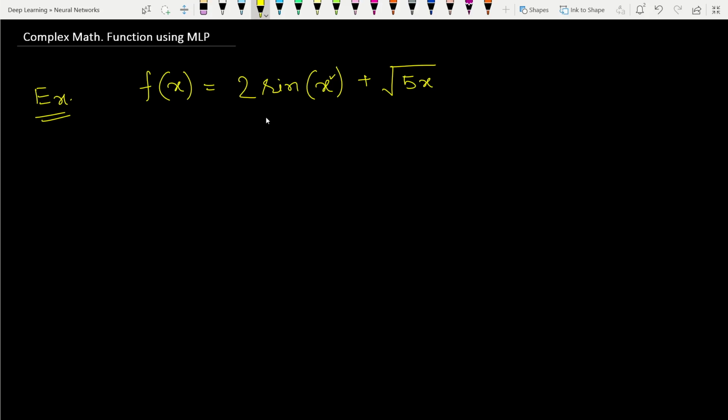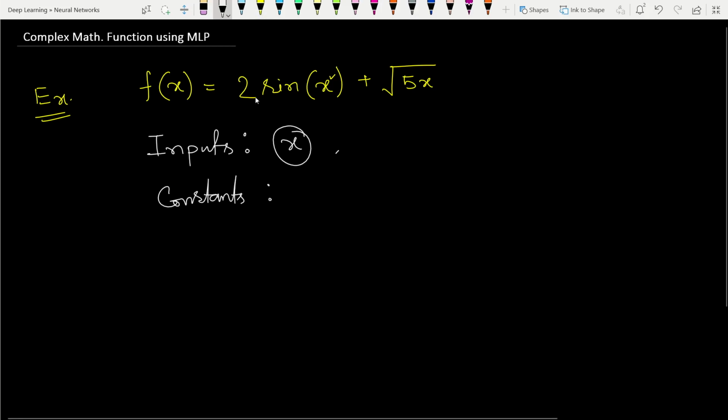So, let's see. First, let's try to identify what the inputs are here. What are the inputs? So here the variable is what? First we have to understand the input. The input is x, the independent variable, and two constants are there.